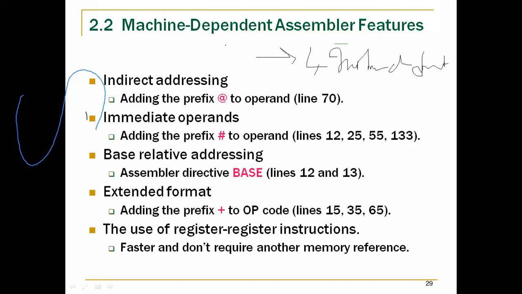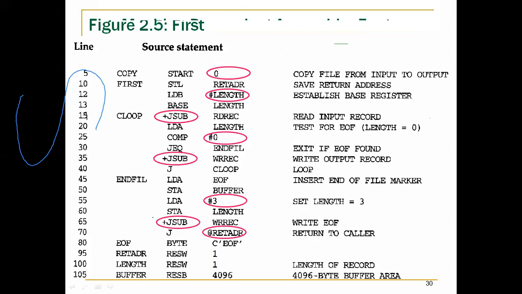Because of that, we have different types of addressing modes. We had seen that there are indirect addressing mode, immediate addressing mode, base relative and extended format, and also there is support for register to register instructions. All these things need to be considered when we are trying to assemble a program written for SIC/XE. Now, there are certain things that I would like you to observe here.